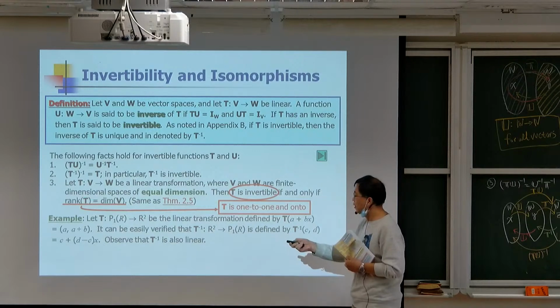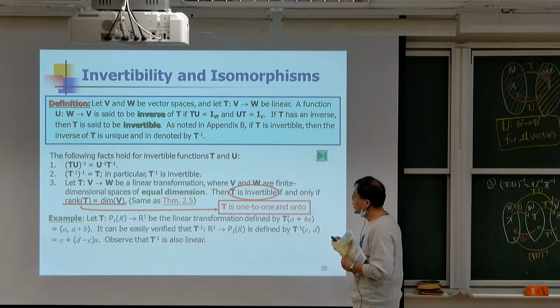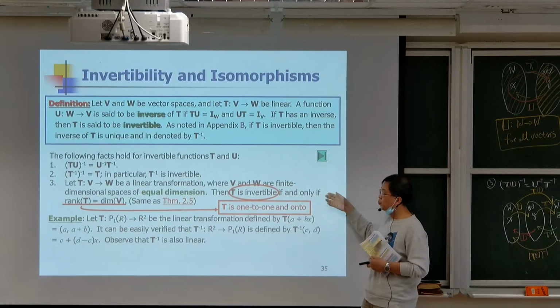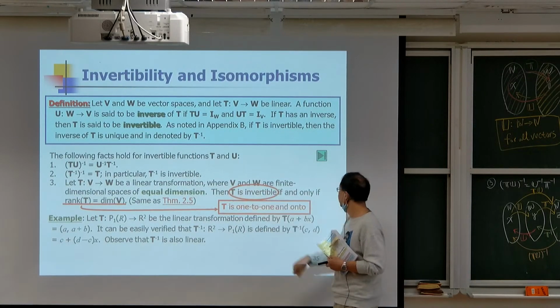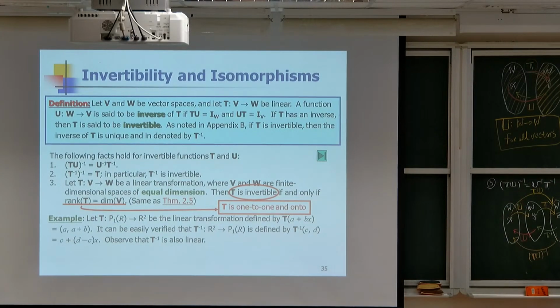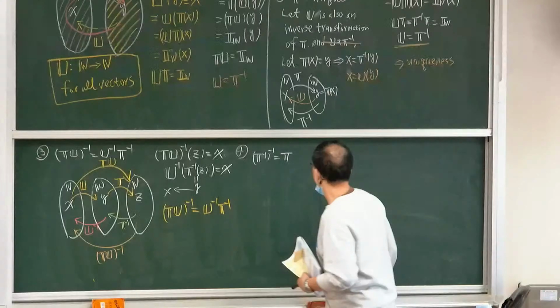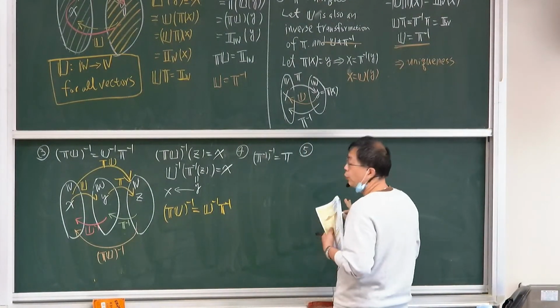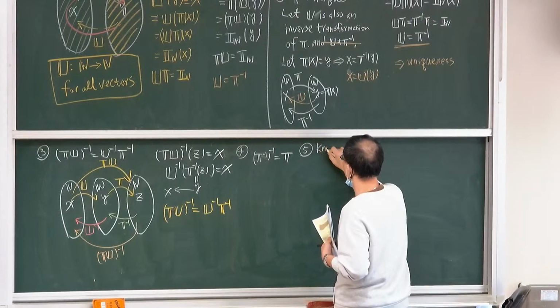So we can get the following result. But right now, because it's if and only if, we have to prove it in the reverse way. So for the fifth one, we have to prove it now.